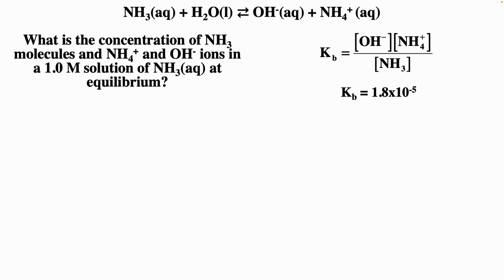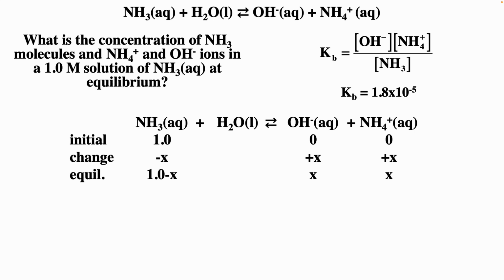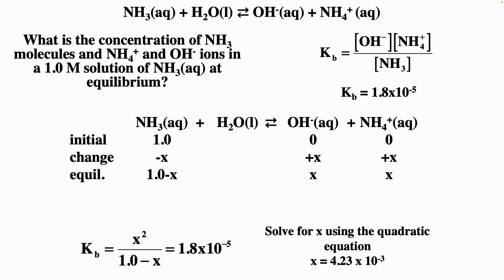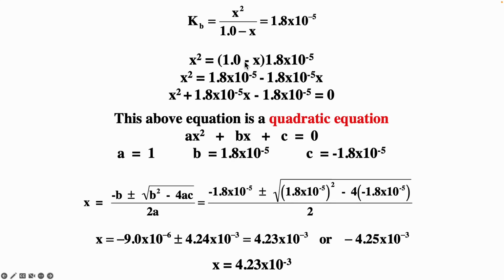Now, just like we could do the quadratic equation for the weak acid, we can also do it for the weak base. So again, if we plug in the concentrations to our equilibrium expression, we get this. If we do the math, we can get this equilibrium expression, the quadratic equation. We solve the quadratic equation using this.